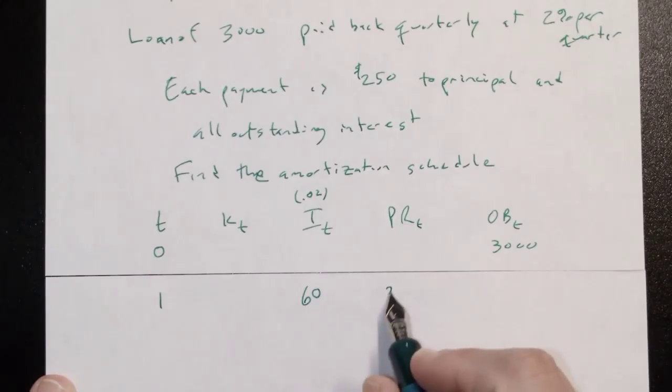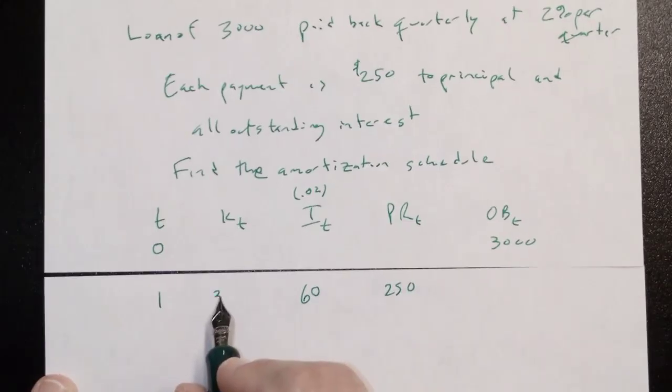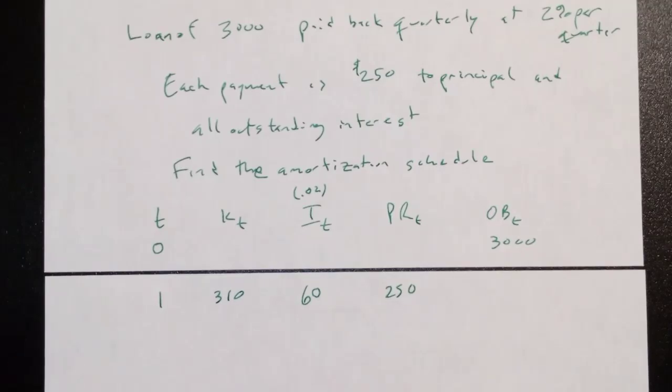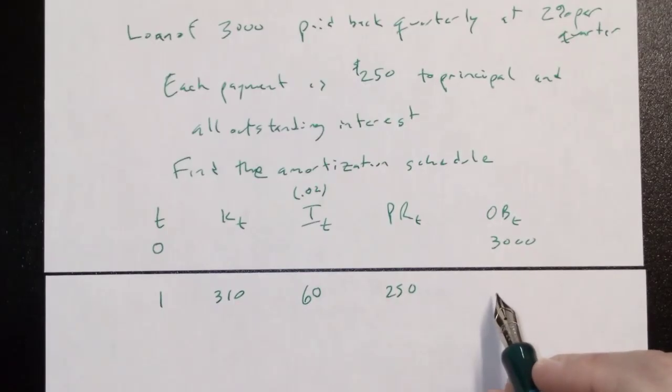And I know I want to pay $250 to principal. So that means my payment is 310. This is interesting. Normally we work out the payment first, but this time I'm working out the payment second. And that means right here, this is now 2750.